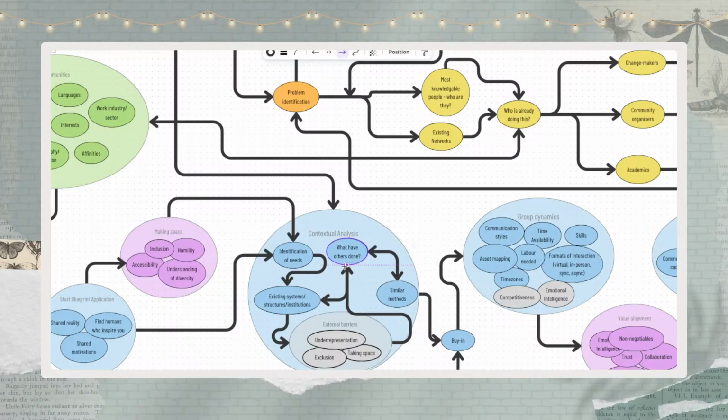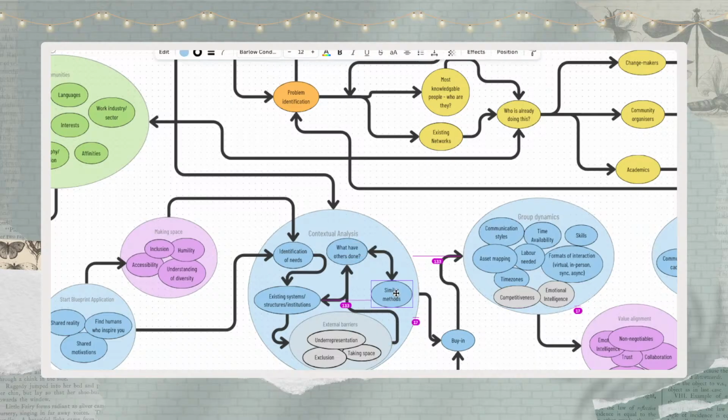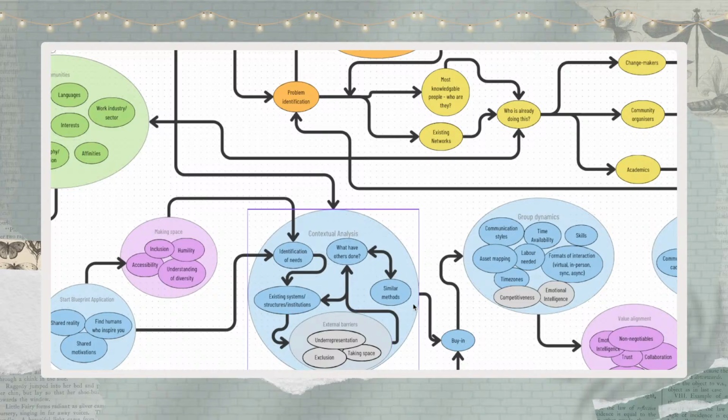And then the whole thing is already looped, so you already have inputs and outputs in the whole thing, because that will feed what others have done, feeding back and forth with similar methods. And then you get the contextual analysis as a whole, which then gives you the opportunity to have people buy into the process. Correct. With this context in mind. Correct. All right. What else do we have floating around?